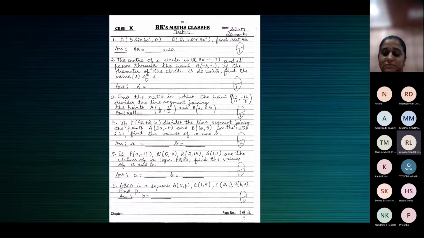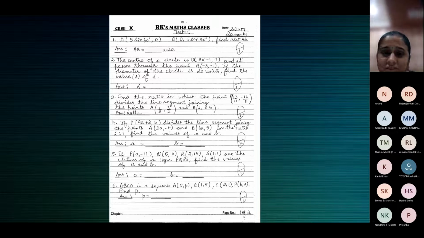I also got A is equal to minus 1 by 2. Very good, Ram. That's correct. A is equal to minus 1 by 2, and B is 2. Ma'am, A is equal to minus 1 by 2, B is equal to minus 14, ma'am.